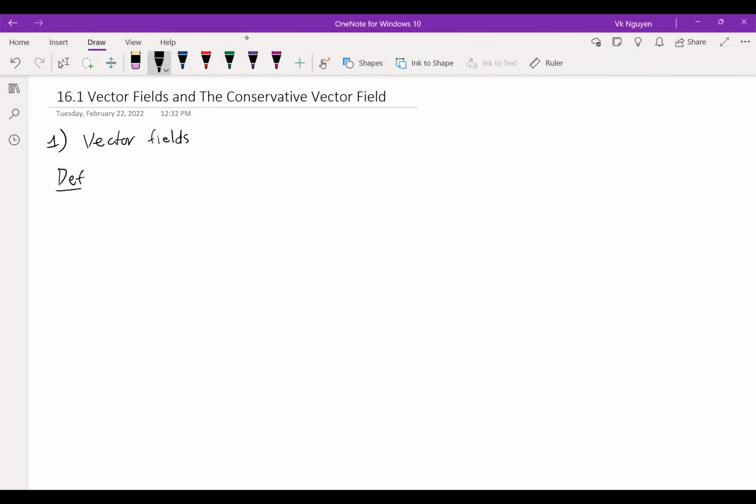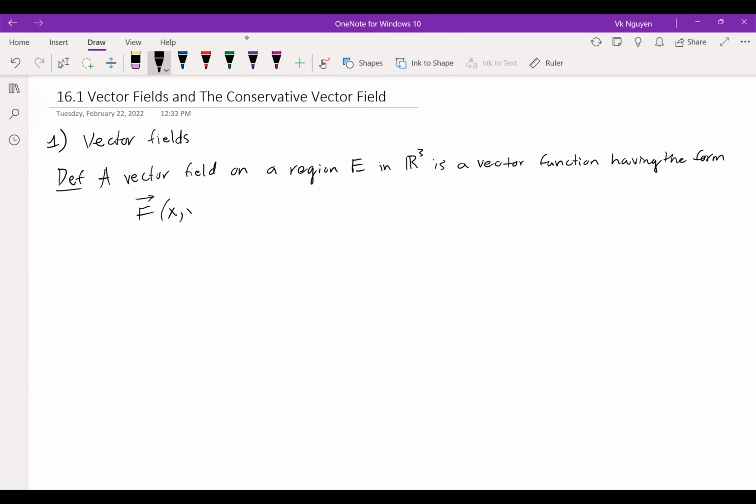A vector field on a region E in R3 is a vector function having the form F(x, y, z). So this is a vector.